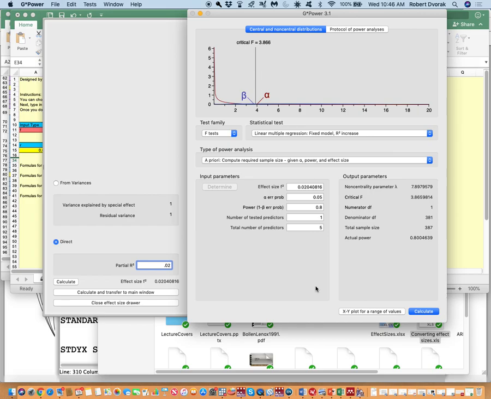So number of tested predictors is how many you're including in your model. But then why does the total number of predictors matter if you're not including them? Oh, I'm sorry.